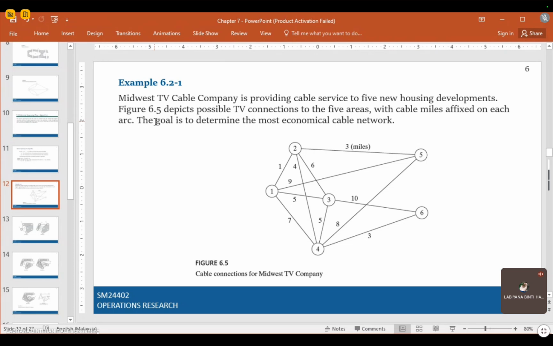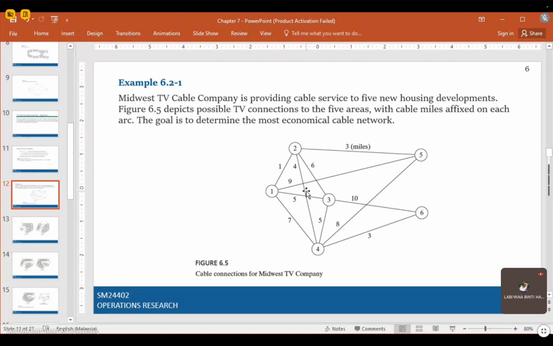The goal is to determine the most economical cable network. They have here 6 nodes, the first one here, and they want to connect to 5 other areas. So here is the cable. The numbers here, 1, 4, 6, 9, 3, represent the miles, the length.